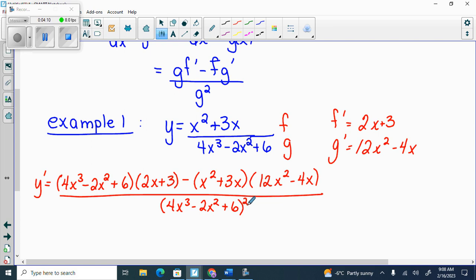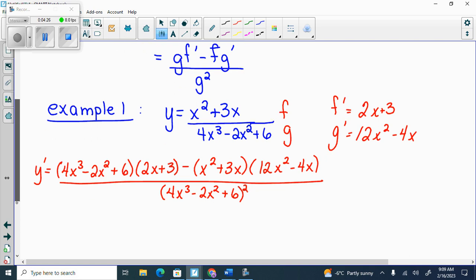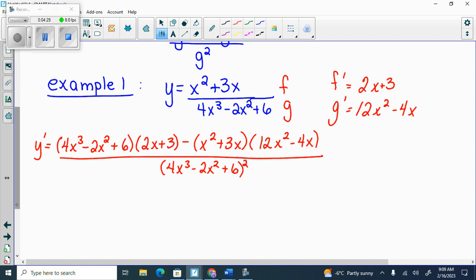Okay, you try and see what you can take out for GCF. And often when it's polynomials, you actually can't take anything out, but this one you can.